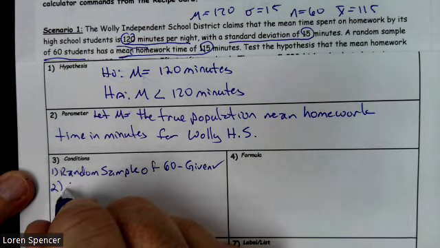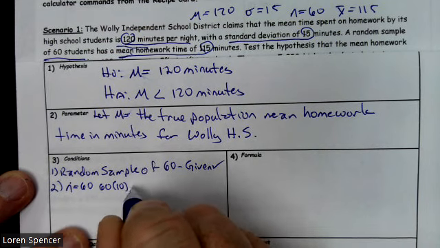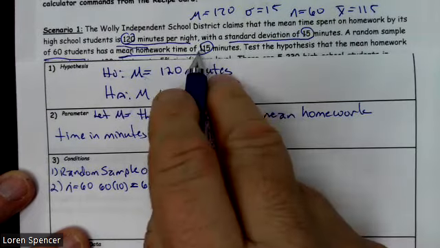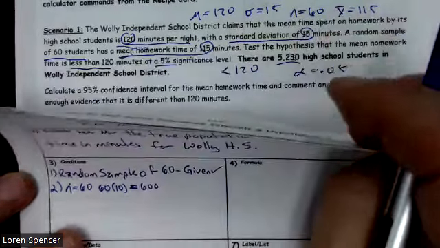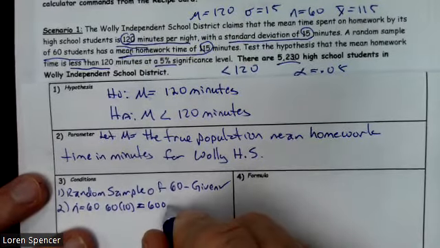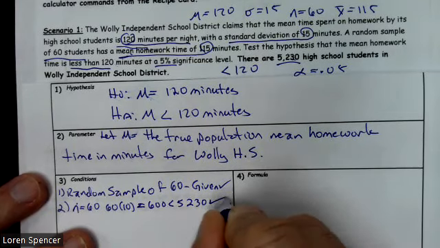Well, n equals 60. 60 times 10 equals 600. And that's definitely less than the 5,230 high school students, because we're comparing it to the population.